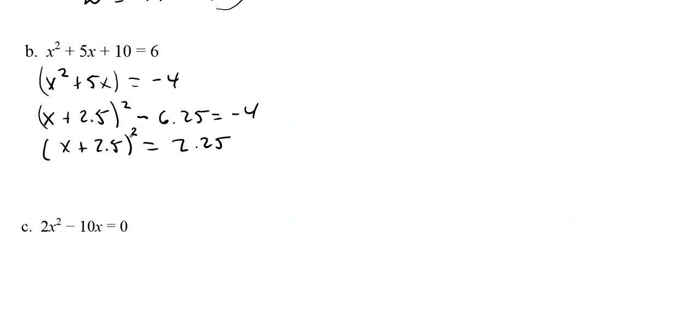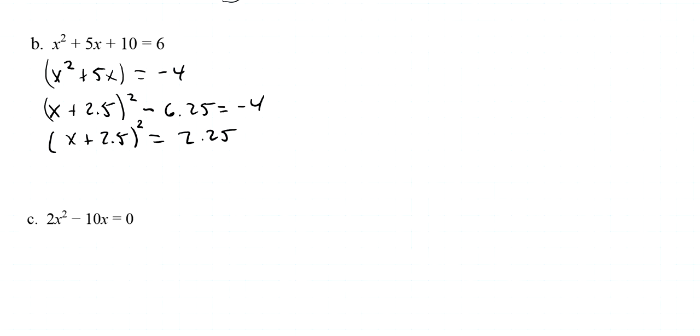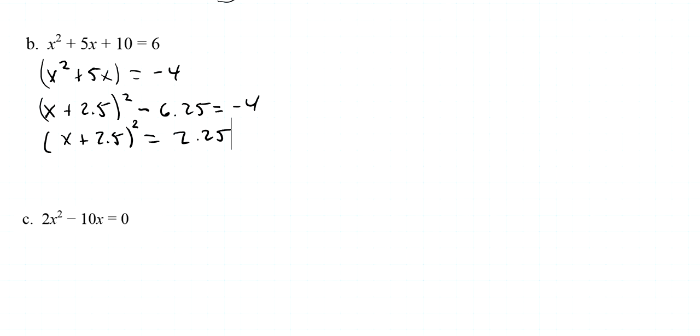And so this essentially is in what we call vertex form. We can bring the 2.25 over, but it's just easy to leave it the way it is, and we want to solve. So if we want to solve, we need to take the square root of both sides.